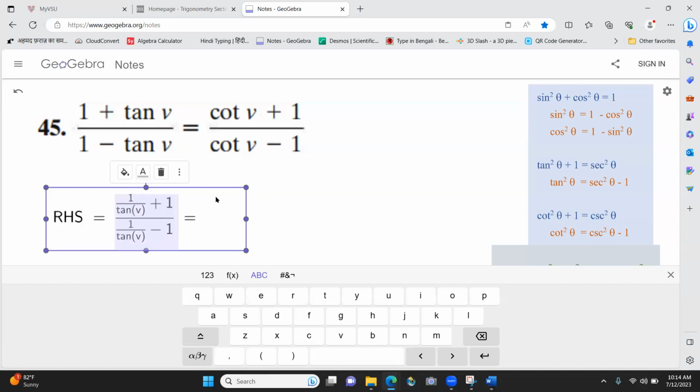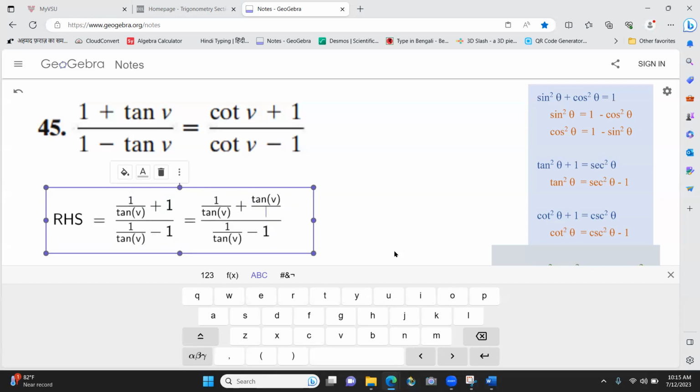I want the right-hand side to be converted to the left-hand side. You could have started with the left-hand side, and if you did, you would be replacing tan V with 1 over cotangent V. Why can we do that? Because they're reciprocals. Now, my denominator is not the same. So instead of 1, I'm going to write tan V over tan V. Same thing with the bottom part.